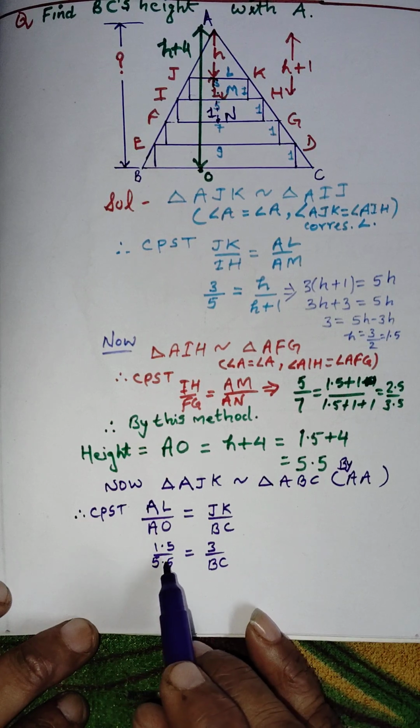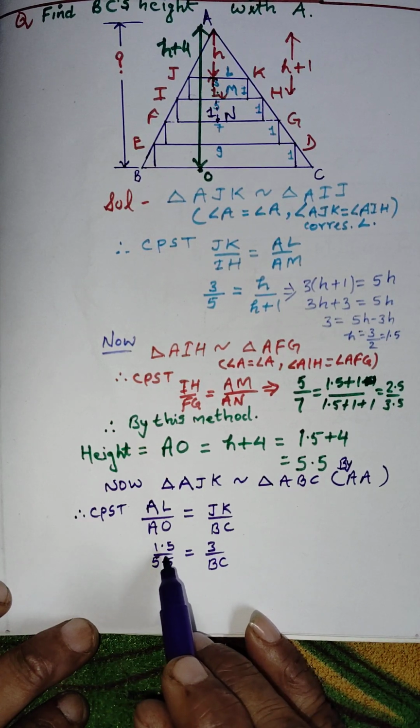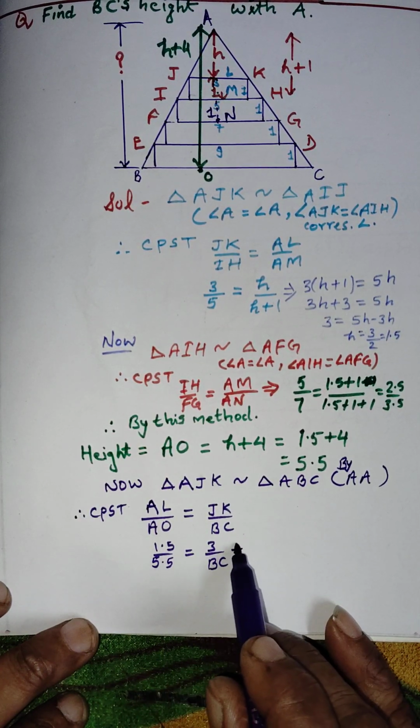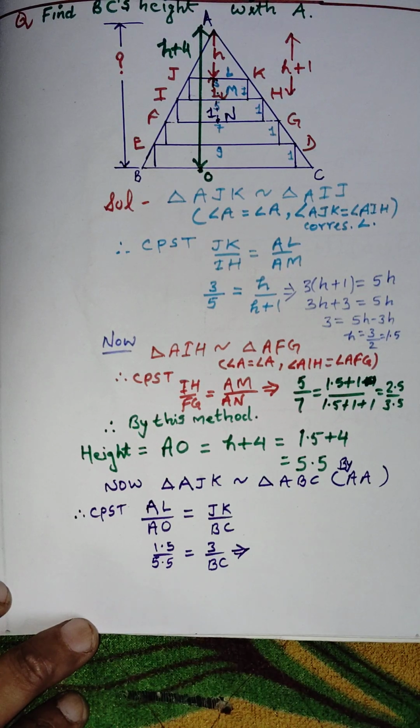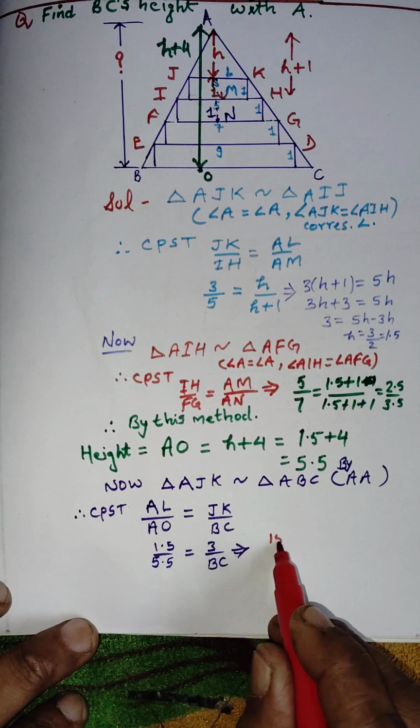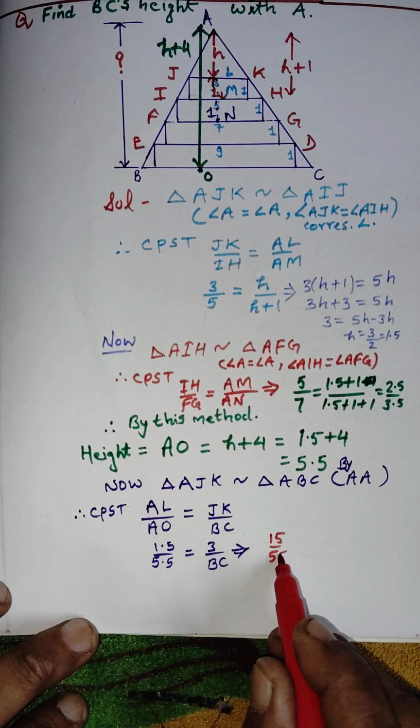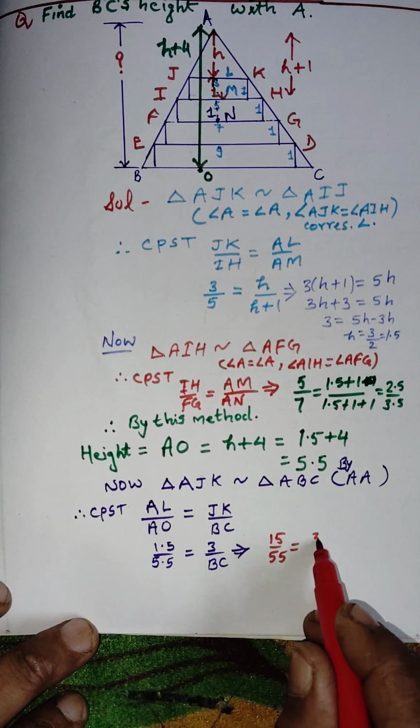Now the decimals cancel out, so it becomes 15 upon 55 equals 3 upon BC.